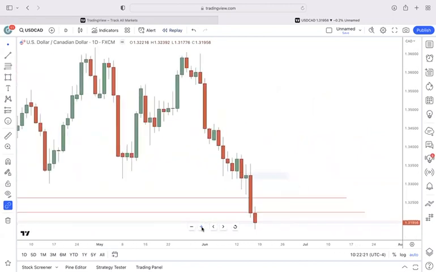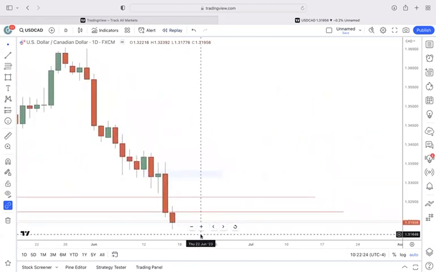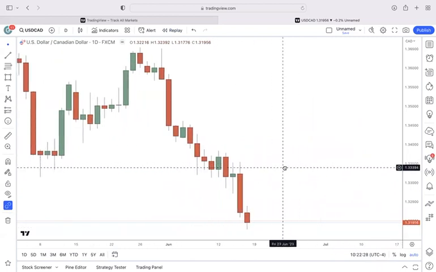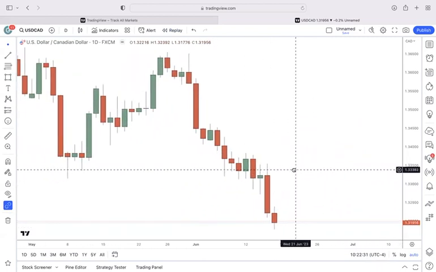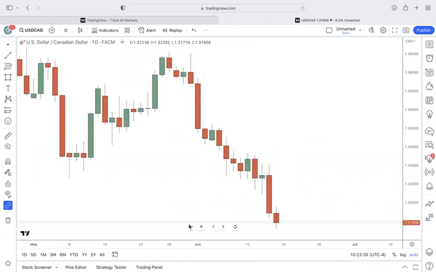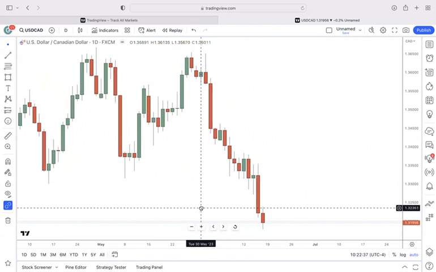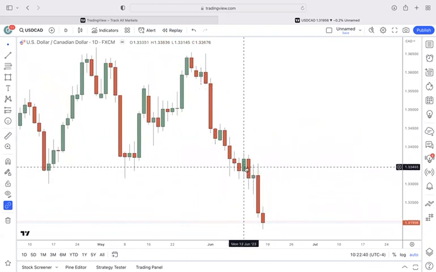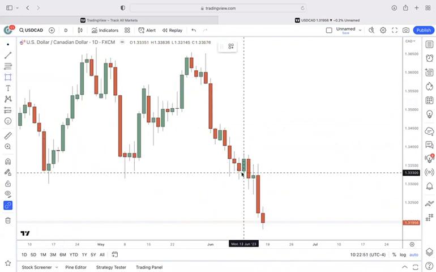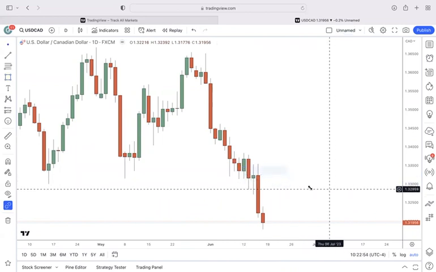So if dollar is going to continue to go lower for this coming week, all right, guys, here's a moment. If we're going to continue to go lower on dollar, and if we're going to continue to go lower on CAD, what should not happen? Well, they respected this order block here last Thursday and Wednesday. So if this pair is going to go any lower, there is absolutely no reason to trade back up into here.